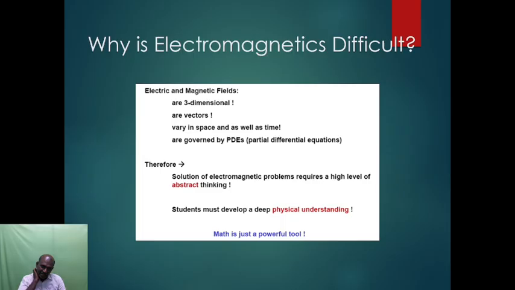So it is three-dimensional vectors. It is dealing with the three-dimensional electromagnetic field. That's why we have some difficulties in attending the problems involved in electromagnetics.